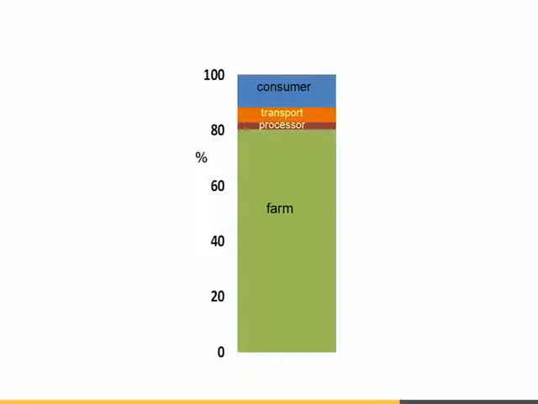So if we look at this breakdown, in that number we see firstly 80% of it comes from the farm component of the life cycle, only 3% from the processing stage, about 5% from all of the transportation stages, and the last 12% were associated with the retailer and the consumer.